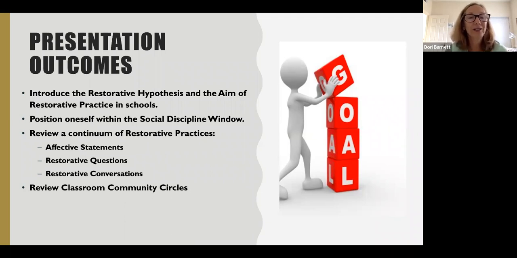And then we're actually going to introduce and practice some of the basic strategies. These include effective statements, restorative questions, and restorative conversations. And lastly, we will review how we can use community circles within schools and classrooms.